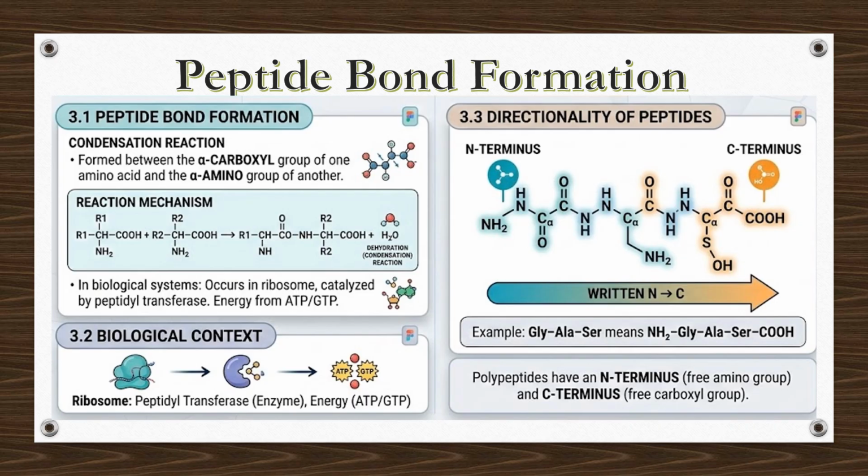This directionality is fundamental. A dipeptide written as ALA-GLY is chemically and functionally different from GLY-ALA. In larger proteins, the exact sequence of residues read from N to C uniquely determines the protein's identity, structure, and function.